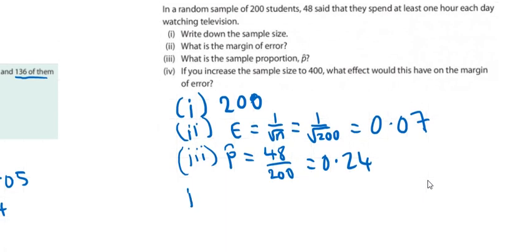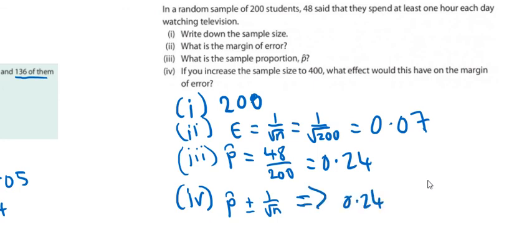And then we can go to our confidence interval. It's the sample proportion plus or minus the margin of error. So here it's going to be 0.24 plus or minus 0.07.